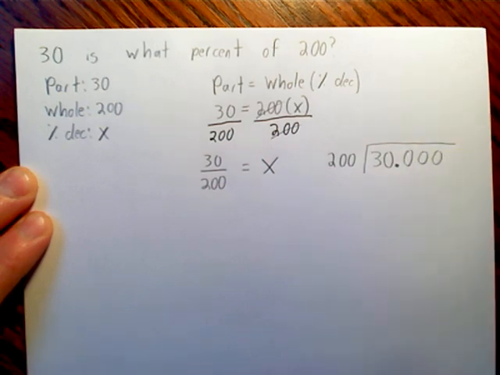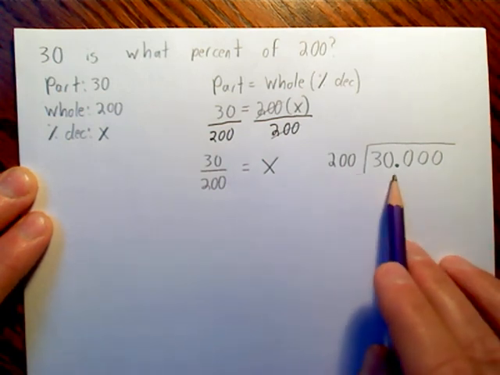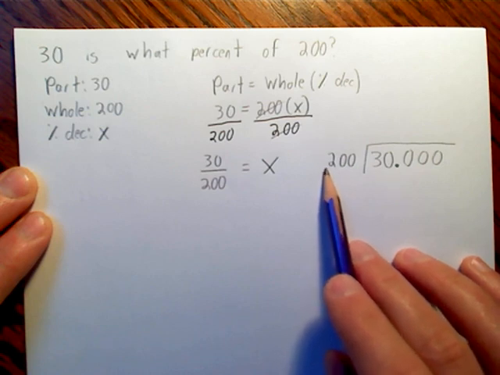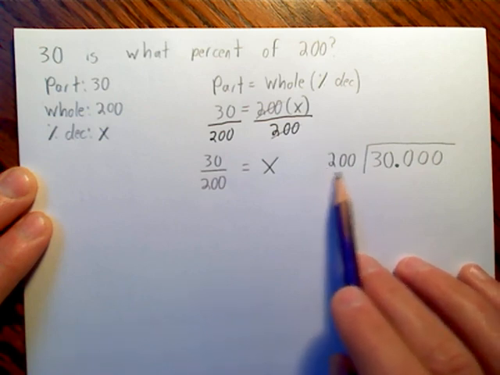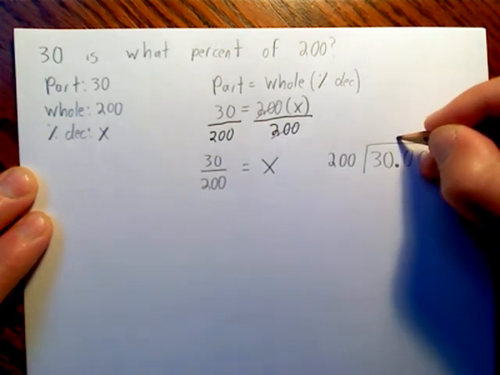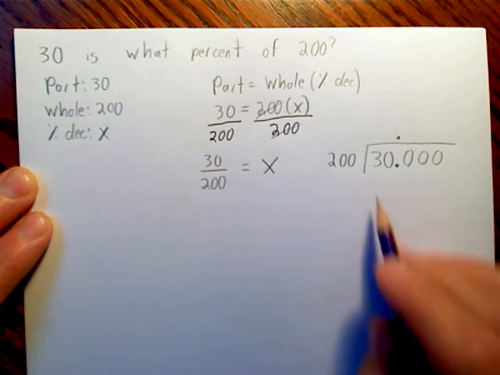I'll just start with 3. We don't need to move the decimal at all because 200 is a whole number. If there was a decimal here, I would have to hop and pop, but there's no decimal, so I don't need to hop and pop. So I'm going to pop that decimal up right where it should be. And now we're ready to divide.